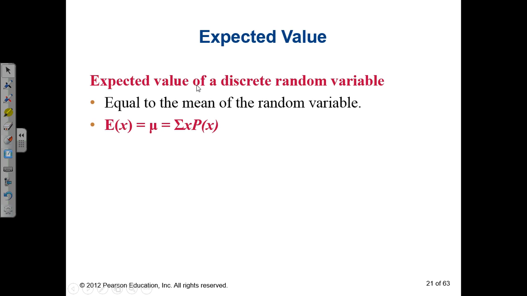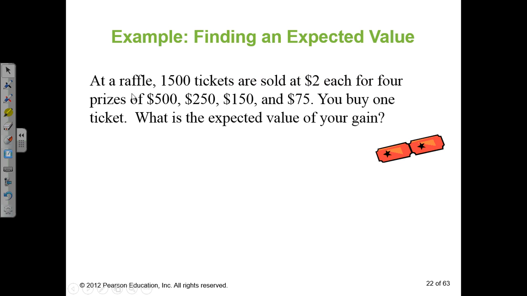Expected value is just another name for the mean, so it's the exact same formula. Expected value is the mean, which is x times p of x, and then sum them up. So for example, suppose you want to find the expected value or the expected gain for a raffle. Now they sold 1,500 tickets at $2 each, and there were 4 different prizes.